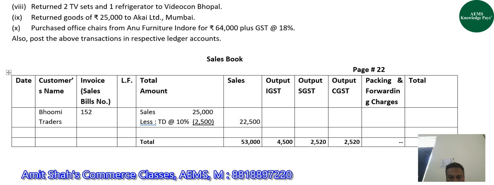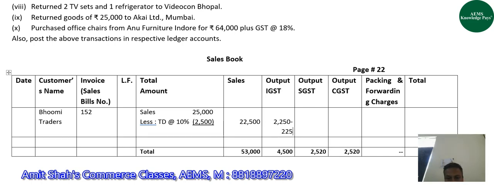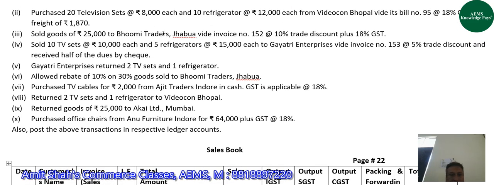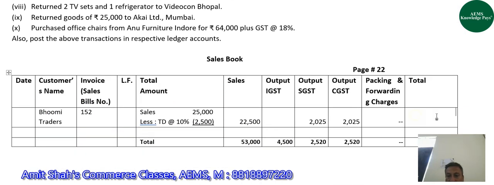So 9% of this is 2,025, which will go in SGST and the same will go in CGST. There is no packing and forwarding charges that we are charging to the customer. So that will not come here. So the total that we have to recover from Bhumi Traders, that is 22,500, 26,550.